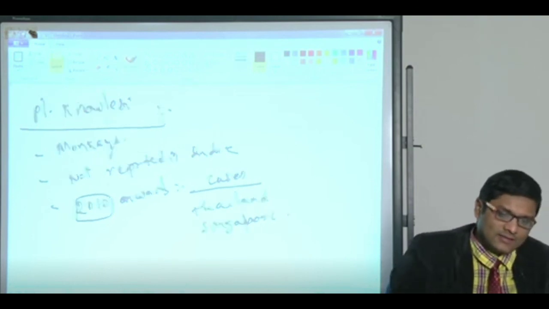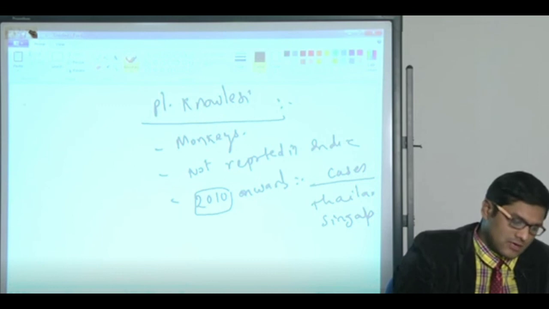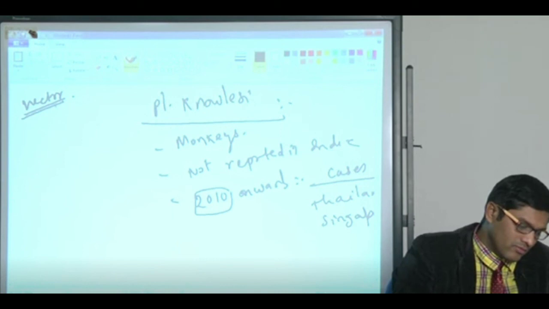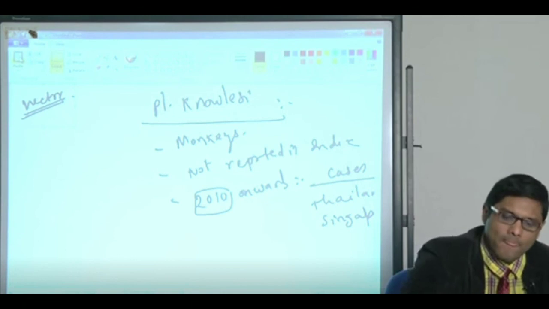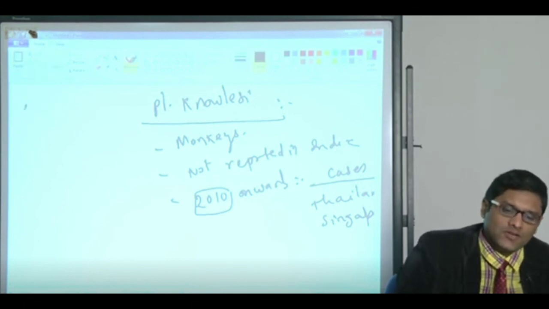Here the vector is, they say that here, how it is different, the diagnostic feature.